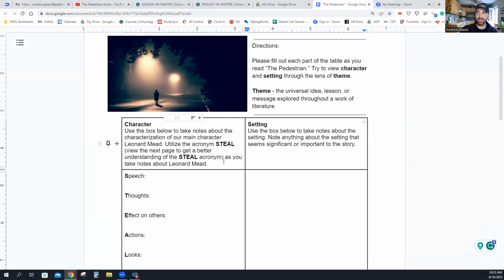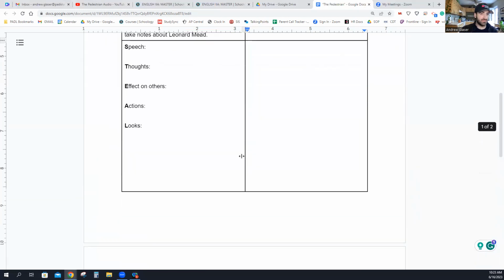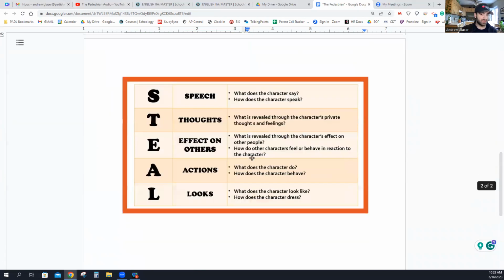The STEAL acronym is going to assist you in looking at characterization throughout this story and throughout any story that you read. So I do mention here that on the next page, you'll see a table that assists you in understanding the STEAL acronym a little bit better.